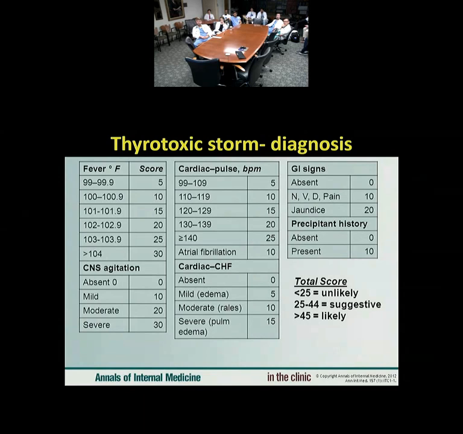So again, you'll see that people have fever, they can reach up to 104, that gives you 30 points. They'll have altered mental status, they'll have tachycardia or atrial fibrillation, they can have CHF, they have GI symptoms, nausea, vomiting, abdominal pain, jaundice, and they present a precipitating history, the one I was talking about before.